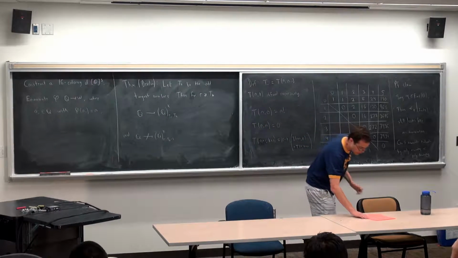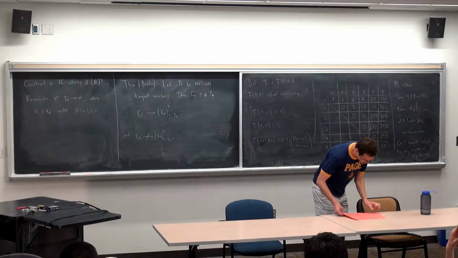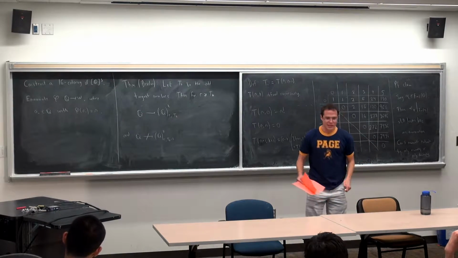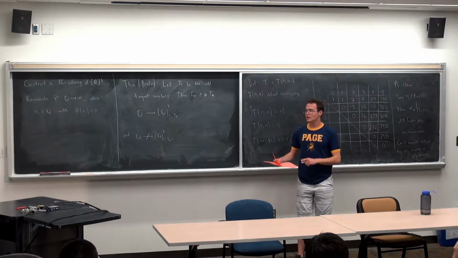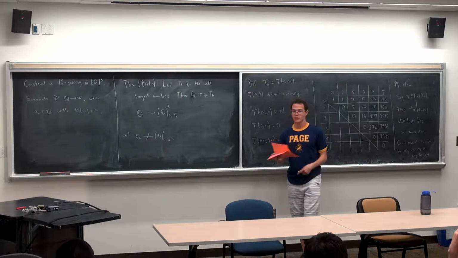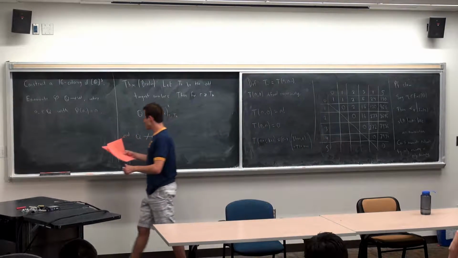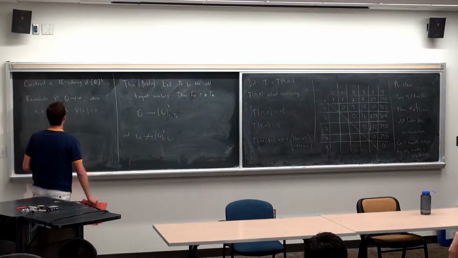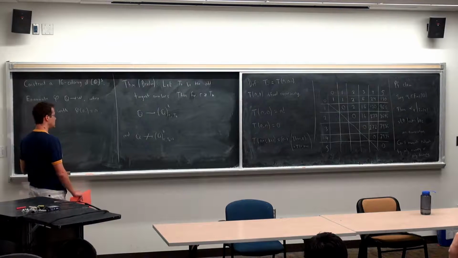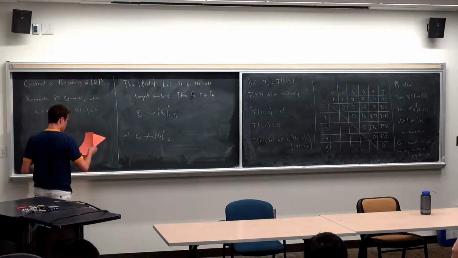Now I have to parse through this jumble of notes, because as it turns out, it's kind of finicky to get this construction right. So I had to go through a few iterations, like yesterday and today, to actually make it correct. So we're going to use this enumeration in kind of sneaky ways.